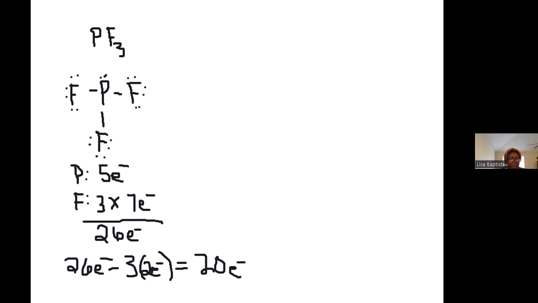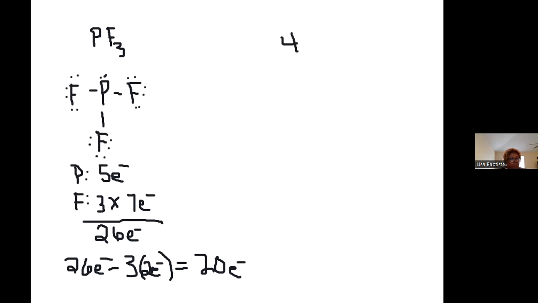So the next thing we want to do is the number of electron groups. So when we talk about electron groups, to this point, we've only dealt with bonds. And so now we have bonds and lone pairs on the central element. The lone pairs, each pair counts as 1 group. And so we have 1, 2, 3, 4 groups. And so we have 4 groups around it.